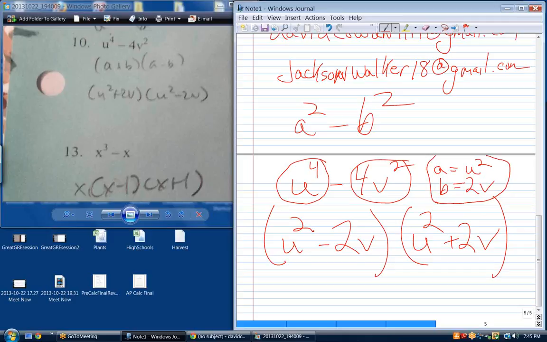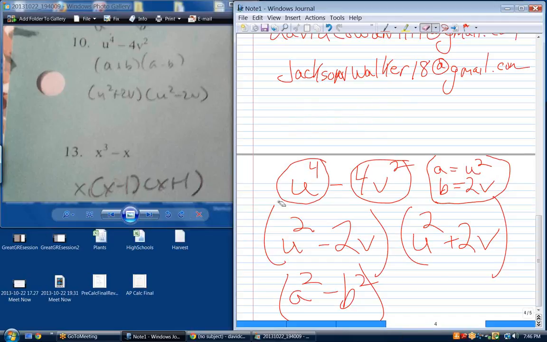If we use a substitution of a equals u squared, this whole thing becomes a squared minus b squared. And then, of course, that goes to a minus b times a plus b, which goes to u squared minus 2v times u squared plus 2v. Okay? Yep. Good on that one? Yep.